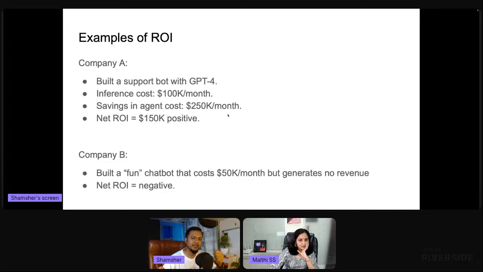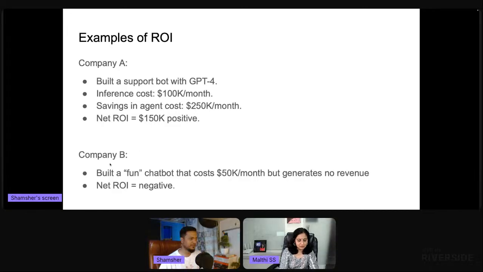So instead of hiring more, they save 250K per month on support agents, which means the net ROI will be approximately 150K, which is still positive. You save 250K and only spend 100K, so your return is 150K.